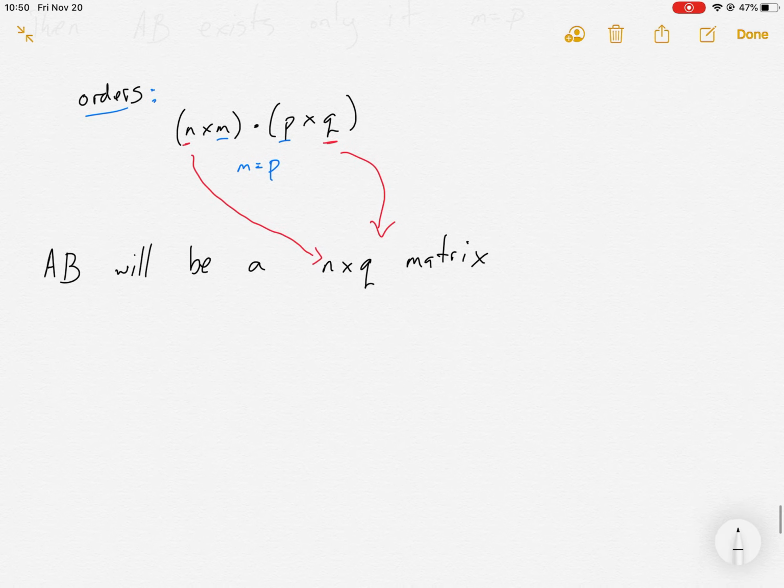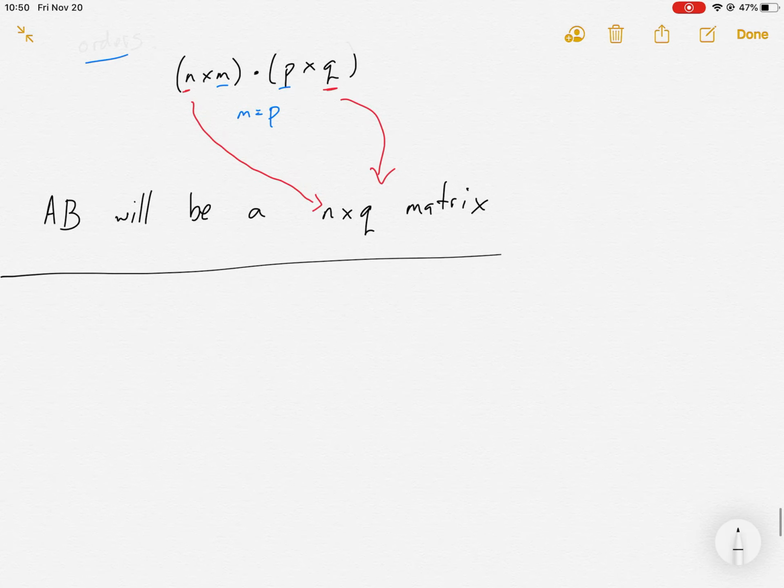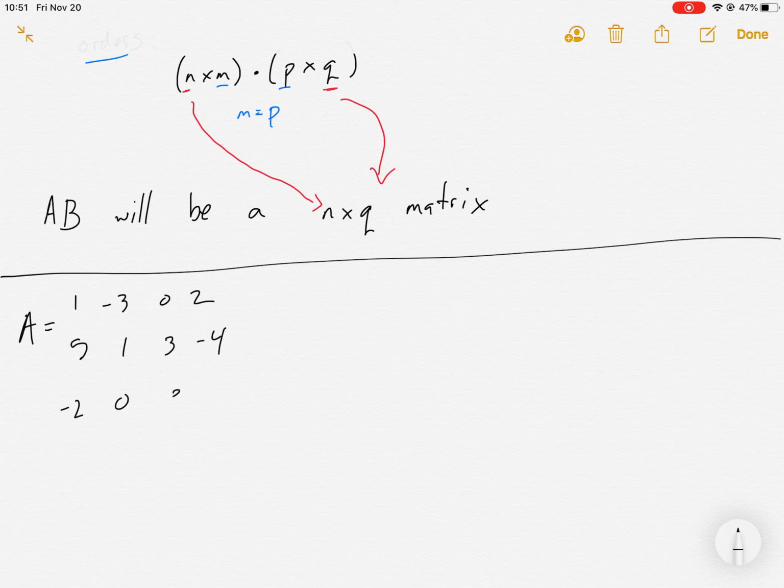Let's go back to an example, and I'm going to use some matrices in a previous video. So let's go ahead and use, I'll write them down again. A was 1, -3, 0, 2, 5, 1, 3, -4, -2, 0, 3, -5.